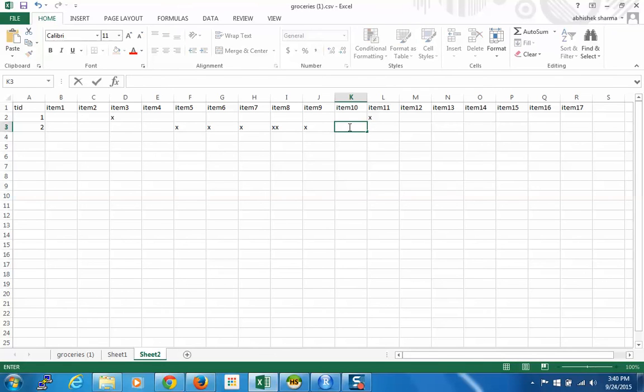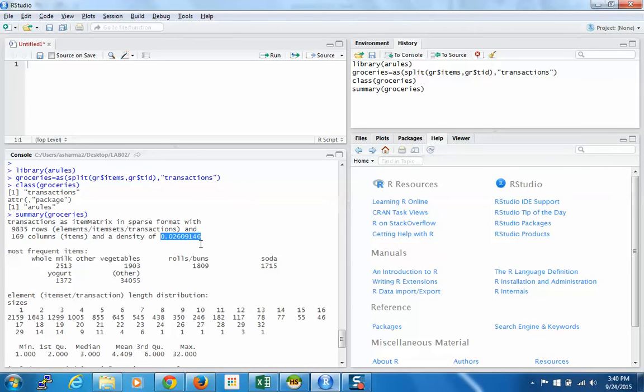We do not want it to be that way because then the apriori algorithm would not be appropriate. But the density gives you some idea about how sparsely populated, low or high, the transaction matrix is. That's an idea of how many products are being sold among the transactions.